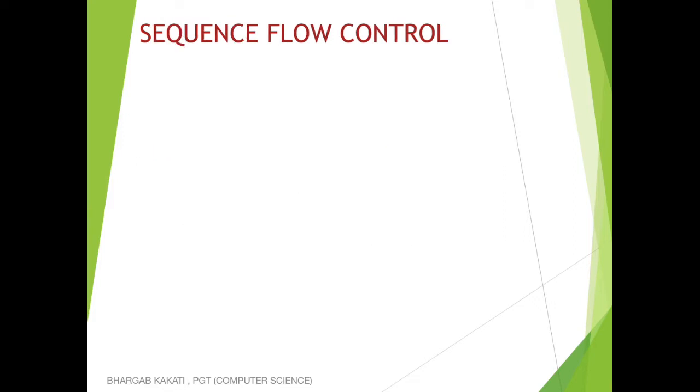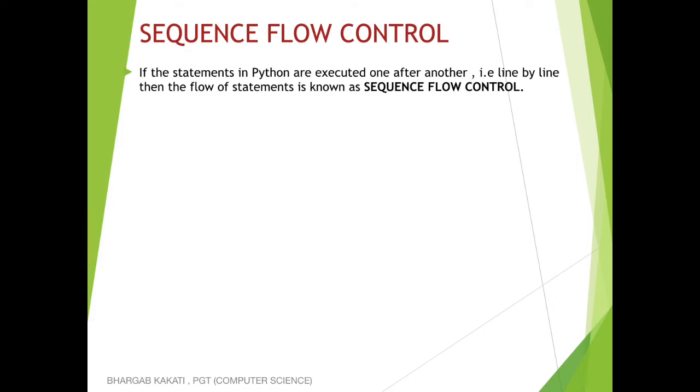Let's begin with the sequence flow control. Till now, whatever programs we wrote in class 11 in Python, we did not skip any line in between. All the lines were executed line by line, or one after another. If the program runs in that manner, one after another without skipping any line in between, it is known as sequence flow control.